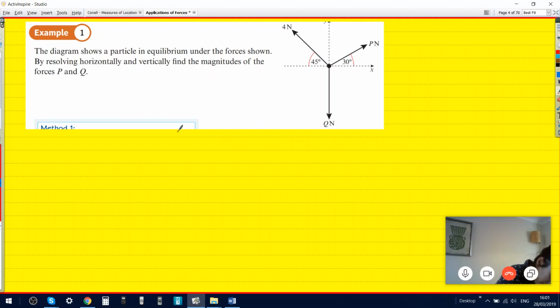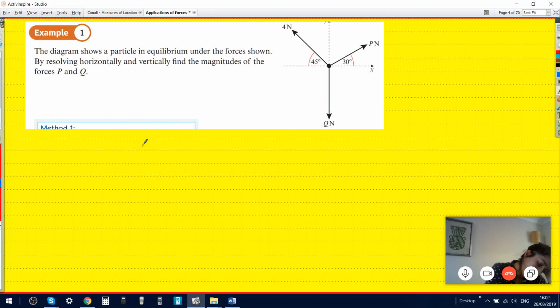We have P at 30 degrees and 4 at 45 degrees, and then Q. So we've got P sine 30 and P cos 30, 4 sine 45 and 4 cos 45.